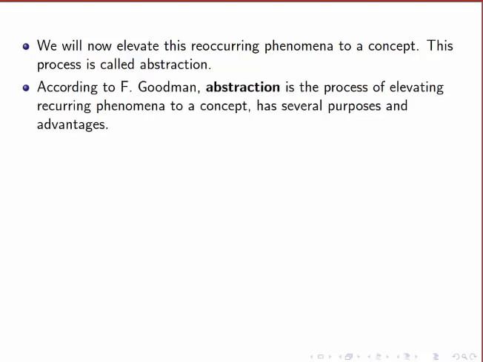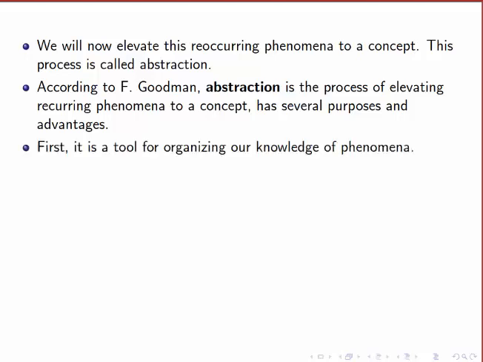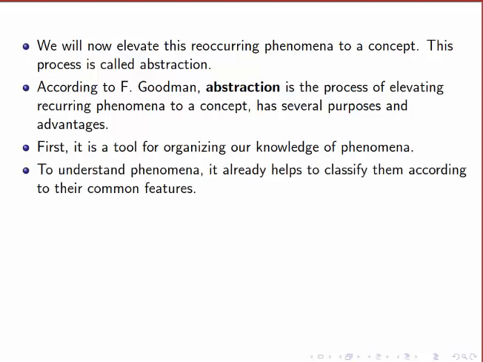According to Frederick Goodman, abstraction is the process of elevating recurring phenomena to a concept, and it has several purposes and advantages. First, it is a tool for organizing our knowledge of phenomena. To understand phenomena, it already helps to classify them according to their common features.